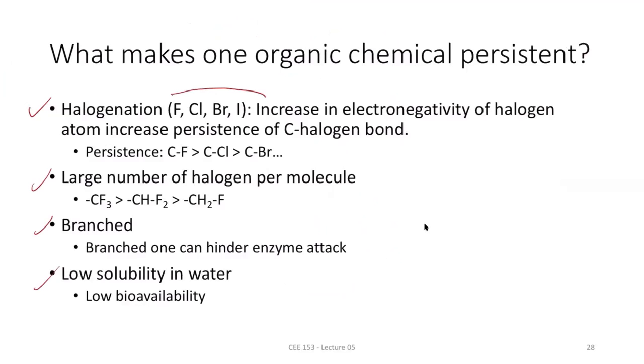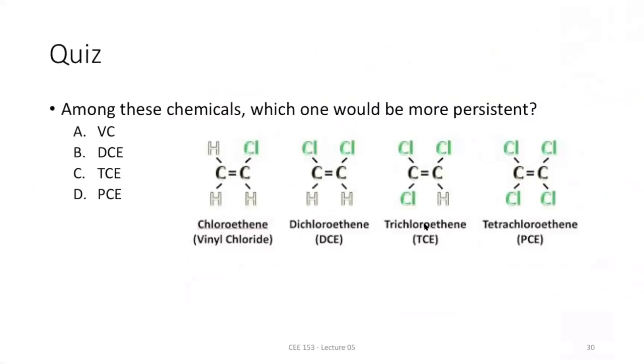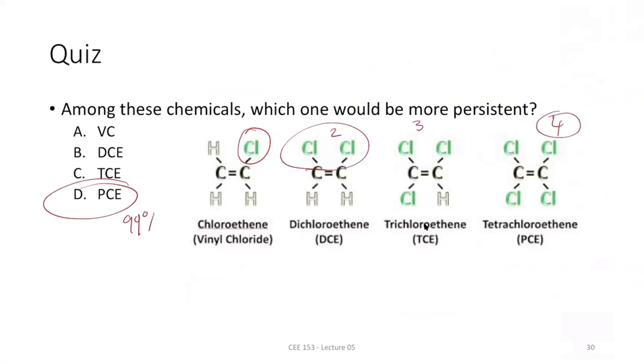If you see here, the chemicals are more toxic or more persistent if you have more fluorine halogens, and if you have more halogen atoms per carbon. As you see over here, the halogen is chlorine. You have one chlorine here, two chlorines here, three chlorines, and four. So that means this is the most toxic, and 98% of people said yes, or 99%.